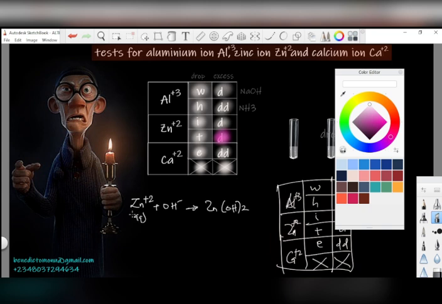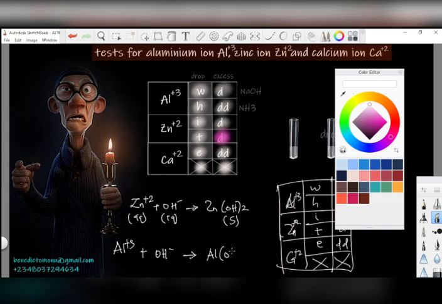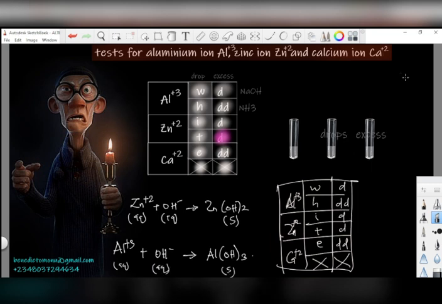This is aqueous, this is aqueous, this is solid. For the aluminium ion, aluminium ion reacts with hydroxide ion to form aluminium hydroxide. This is aqueous, this is aqueous, and this is solid. So that holds true for all of them.